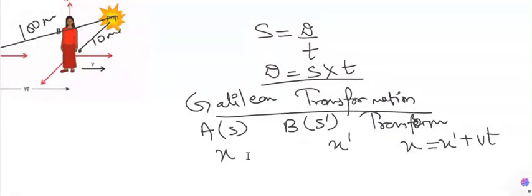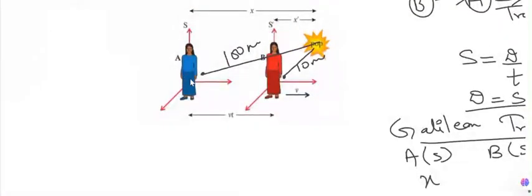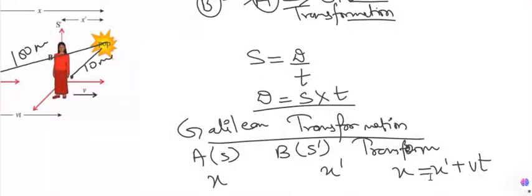So I was telling, as per A, the frame of reference is X. As per B, it is X dash. Transformation will be done as X dash plus Vt. B is standing at this position, at Vt distance, so the X axis will show plus Vt distance in the transformation.